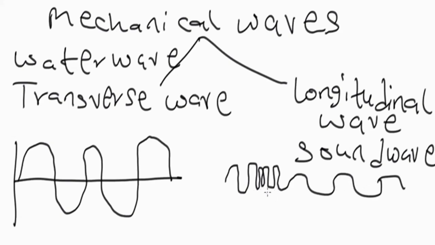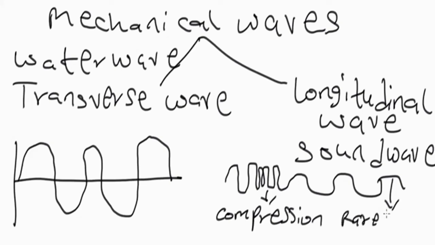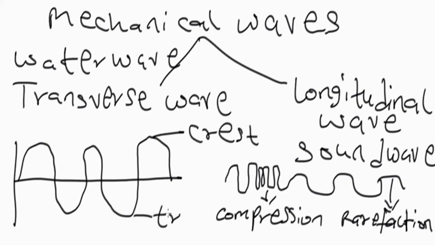Now if you observe, you can see that here we have a compression, whereas here we have an expansion known as rarefaction. Alright, now the peak of a wave or the top of a wave is known as a crest, whereas the bottom is known as a trough.